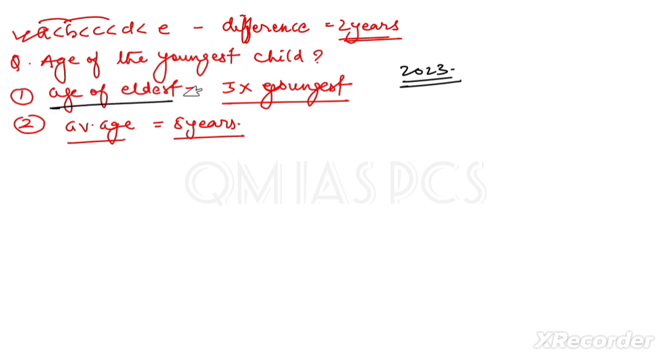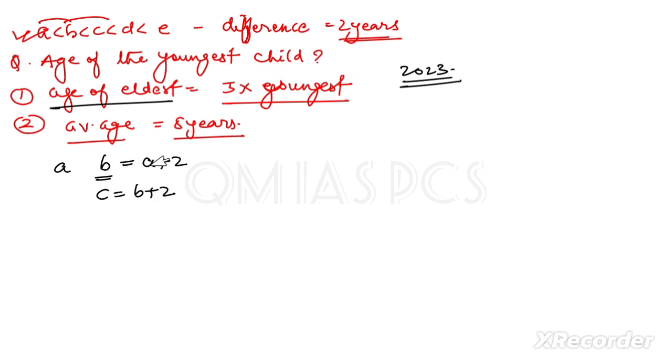Based on the first statement, let's follow that one. A is the first one. What is the age of B? B will be 2 years older than A, right? So B will be A plus 2. Clear. C will be B plus 2.